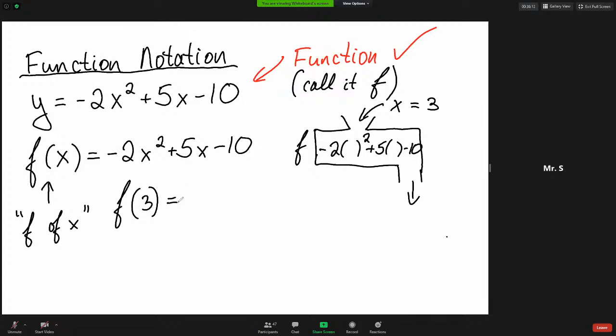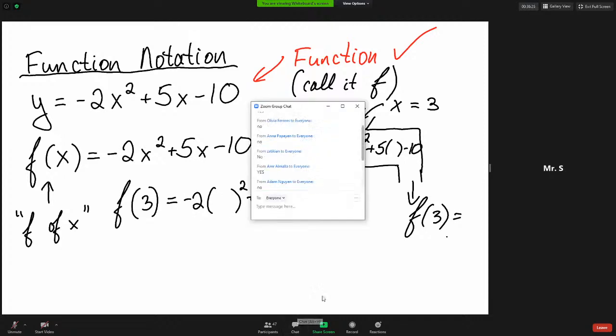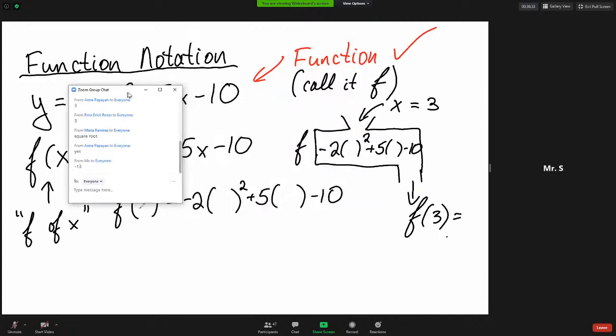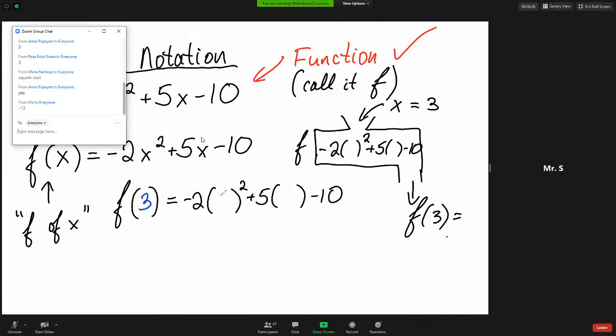And f of 3, the output, is going to be whatever f of 3 is equal to, and we would have to plug in 3 instead of the input and simplify it to see what that output will be. So 3 here is my input, and we're plugging it in instead of x, wherever we saw x in my function.